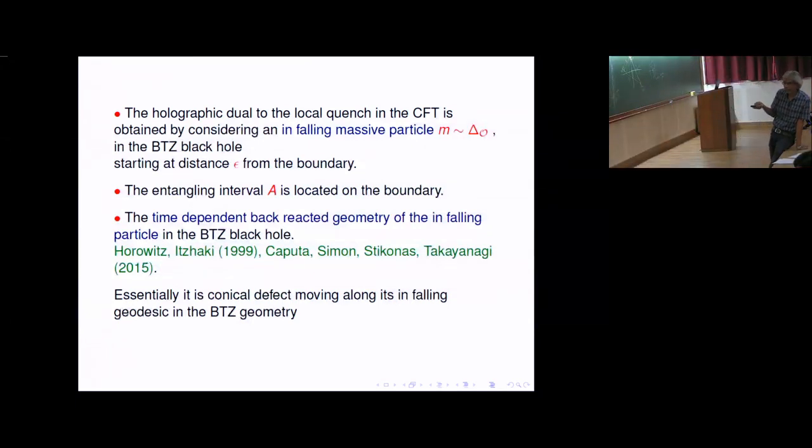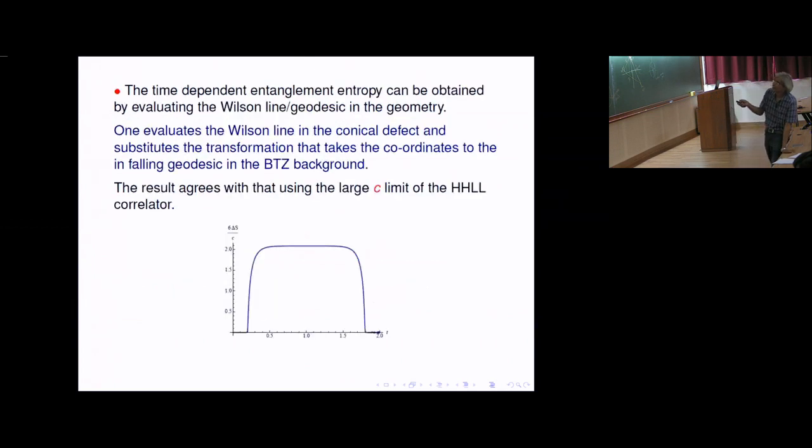And this can be done exactly even in the geometry, actually. This time-dependent back-reacted geometry was initially found by these authors. It has been refined by them. Essentially you have to go into the geodesic of this infalling observer and write down a geometry. And you can evaluate the entanglement entropy, and this is the profile.